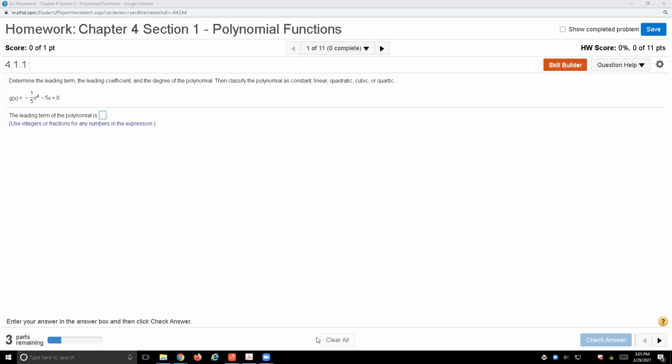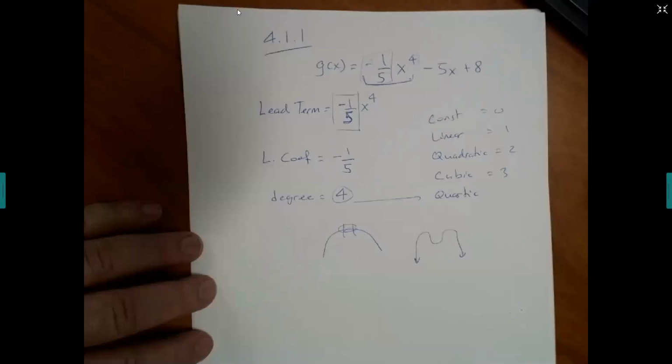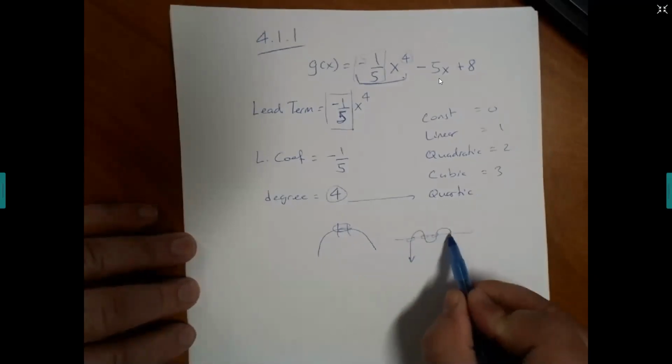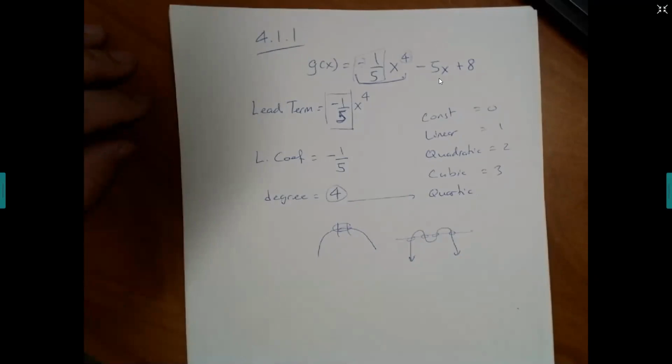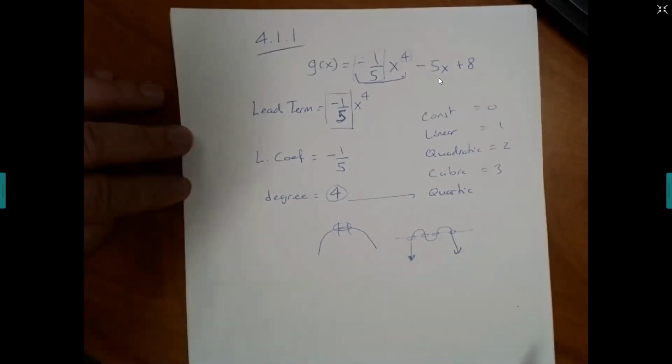We don't know what's going to happen inside here, but it'll look something like that, with at most 4 x-intercepts. But both ends will point down. We know that for sure.